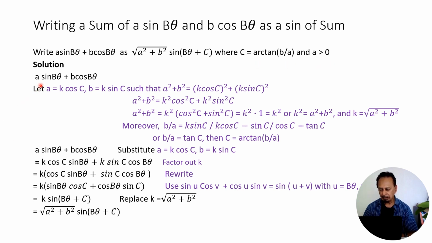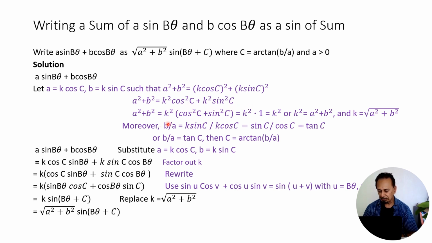So let's start with a sine b theta plus b cosine b theta, and let a equal k times cosine c and b equal k times sine c, such that if we square a and b and add, it should be k cosine c squared plus k sine c squared. If you expand the square, it becomes k square cosine square c plus k square sine square c.